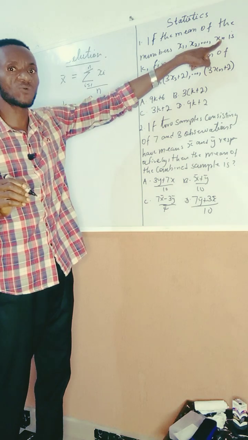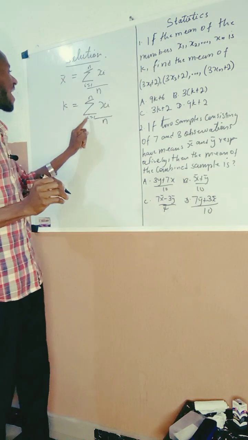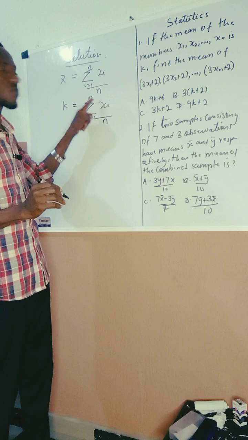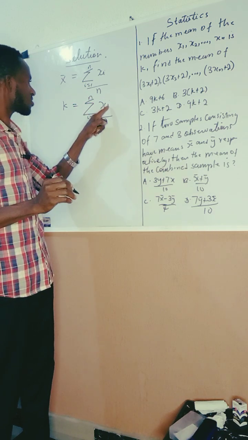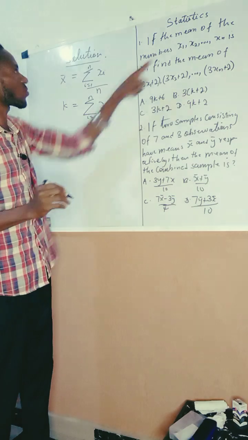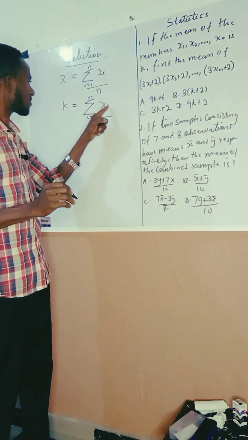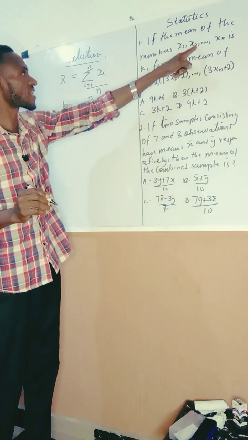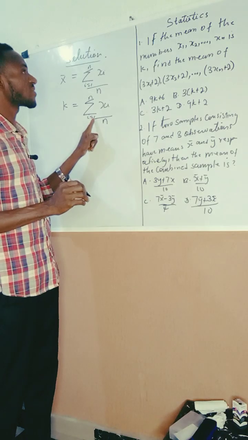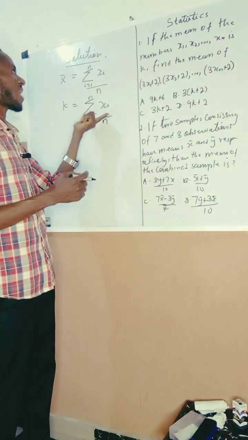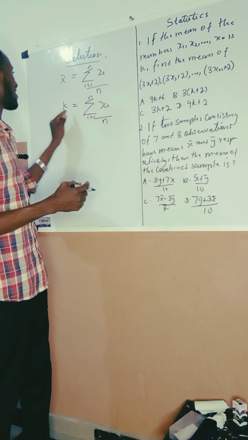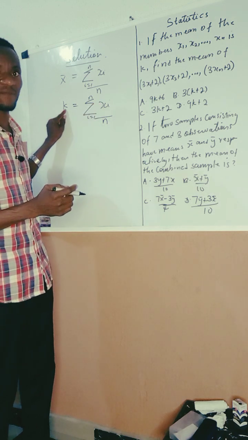So there are n observations. When this subscript i becomes 1, we have x1. When the subscript becomes 2, we have x2. And when the subscript becomes n, we have xn. So this is the formula, of course, for mean that is equal to k.